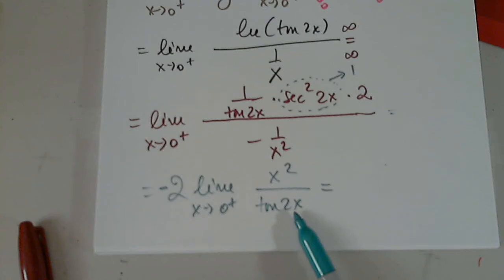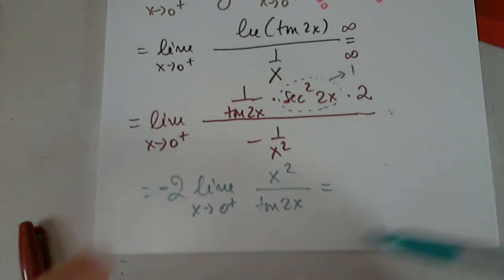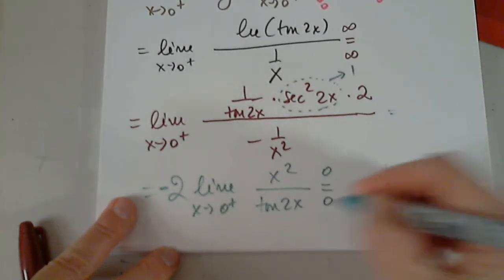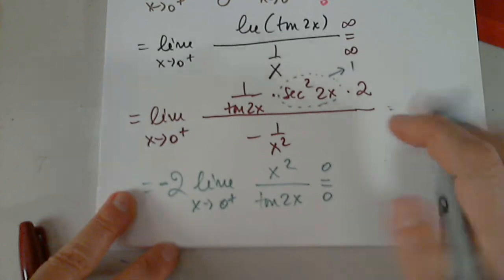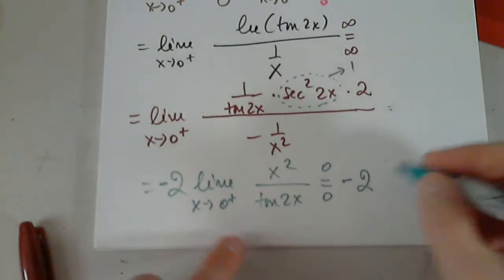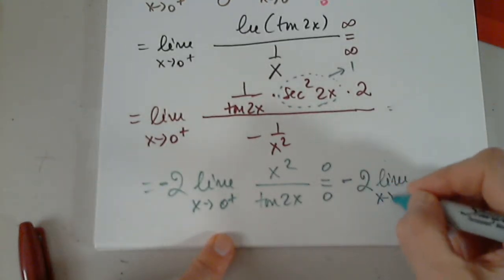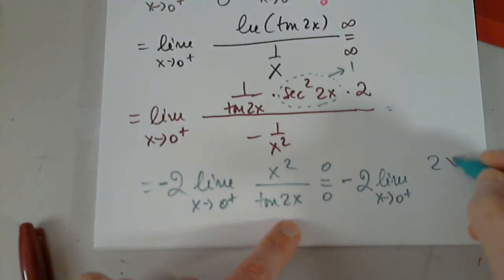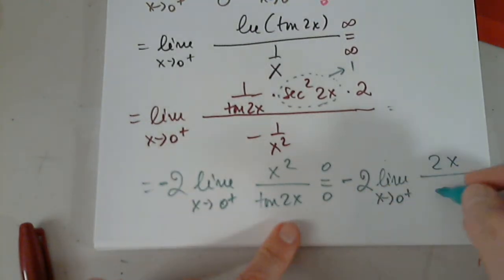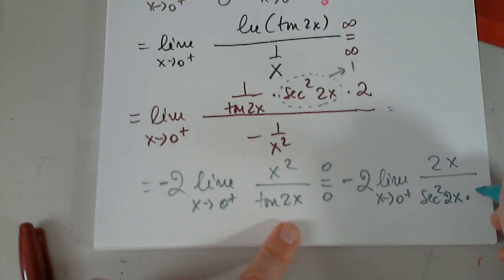And I'm debating with myself whether to change this into sine over cosine or just differentiate one more time. So 0 over 0 is nice. So negative 2 is outside the limit. As x approaches 0 from the right, the top is 2x, and the bottom will be secant squared x times 2.